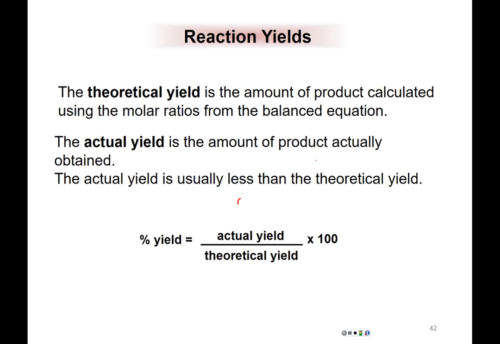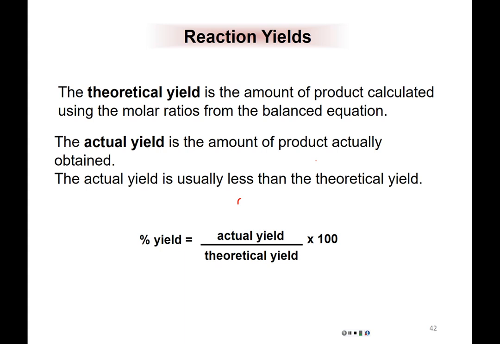The last topic in chapter 3 is what's known as reaction yields. So the theoretical yield is the amount of product that can be calculated using the molar ratio from the balanced chemical equation. Typically, actual yields in the real world are different, are less than the theoretical. And the actual yield is just the amount of product that is actually obtained by a reaction.